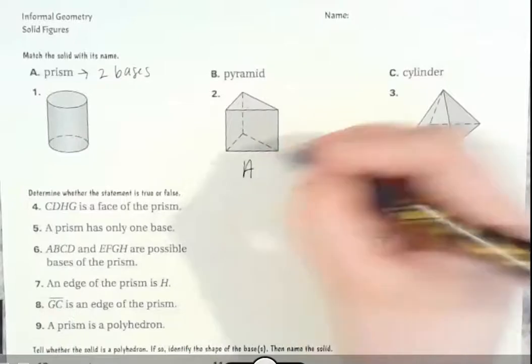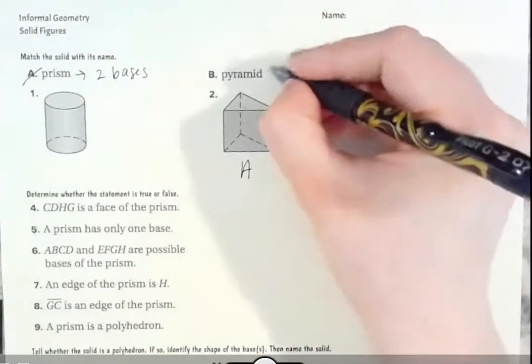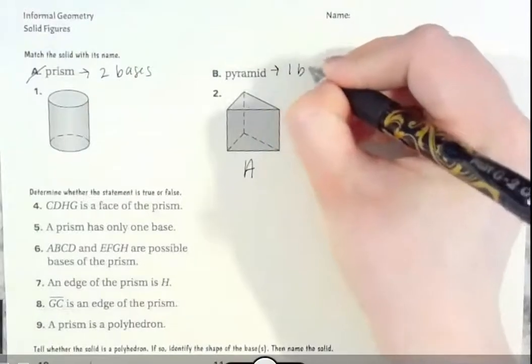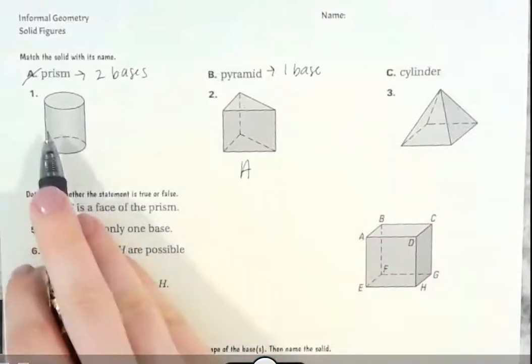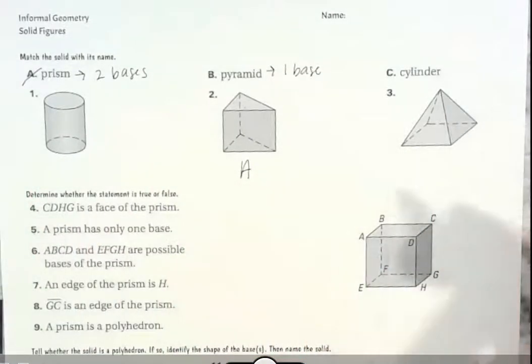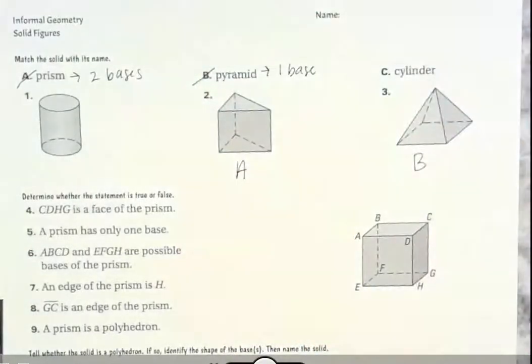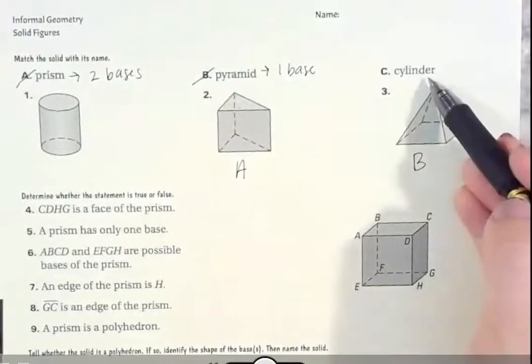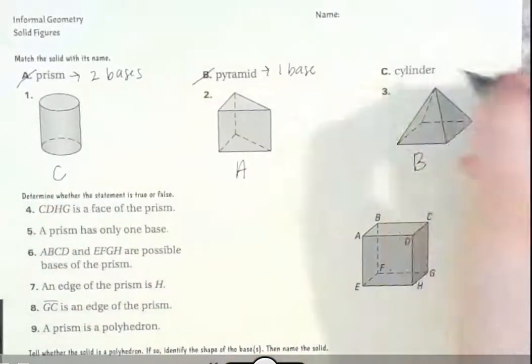So this would be A. A pyramid has 1 base and a point on top. So out of these 2, which one has 1 base with a point? 3. And then we obviously know a cylinder is just a fancy word for like a soup can, which is this guy right here. C, A, B. Works out.